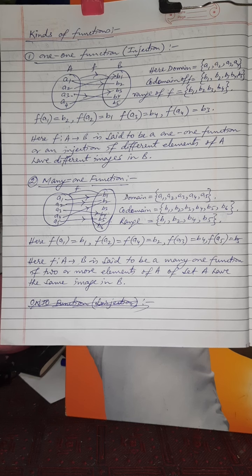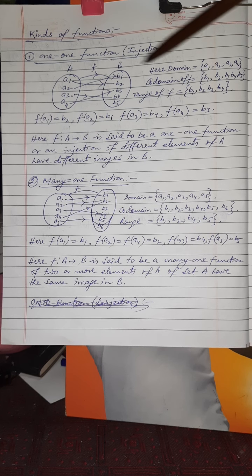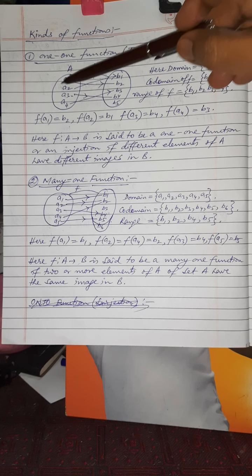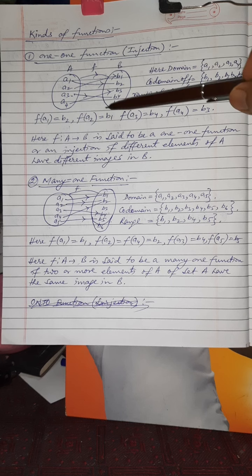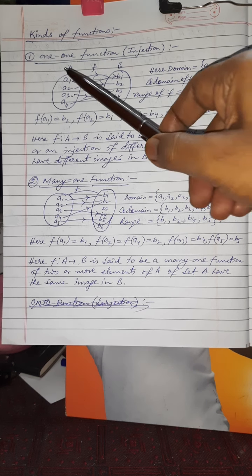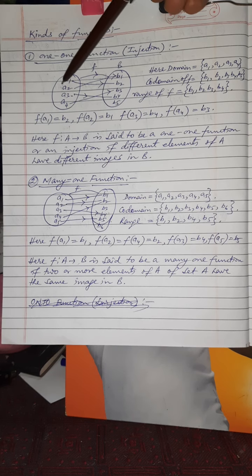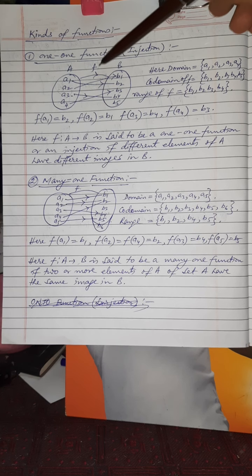Also in class 11 you are familiar with the terms domain, codomain and range. Domain is all the elements present in the set capital A. Codomain is all the elements present in the capital B, that is b1, b2, b3, b4, b5. Range is the set of images of the elements a1, a2, a3, a4 under the function f.